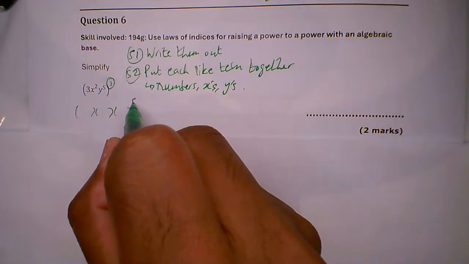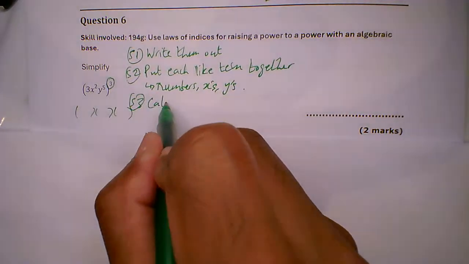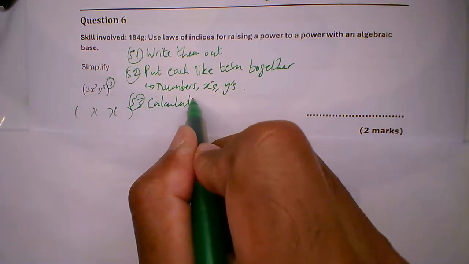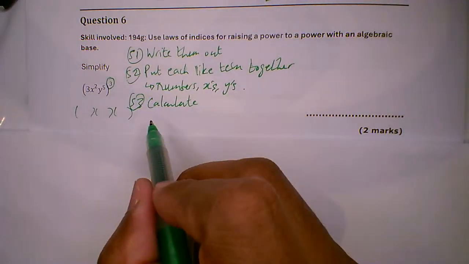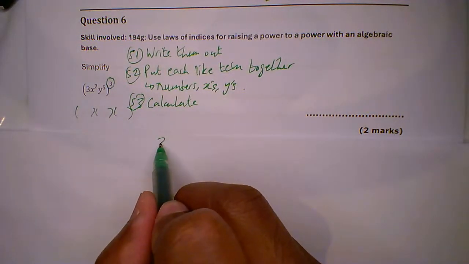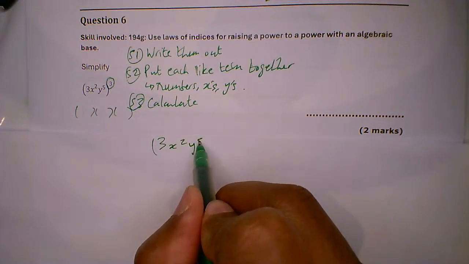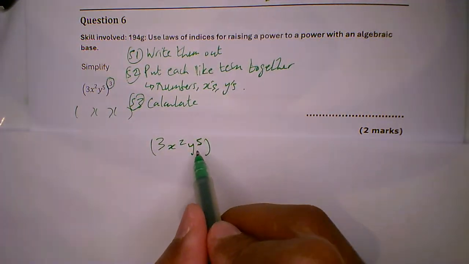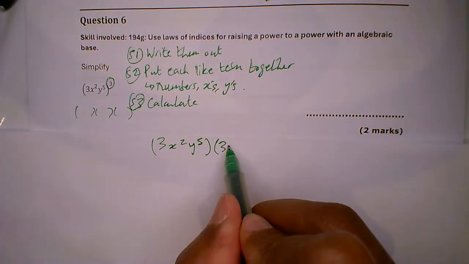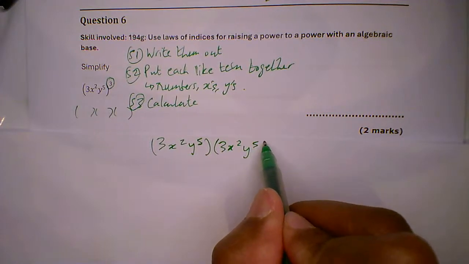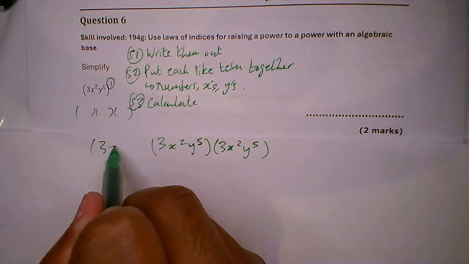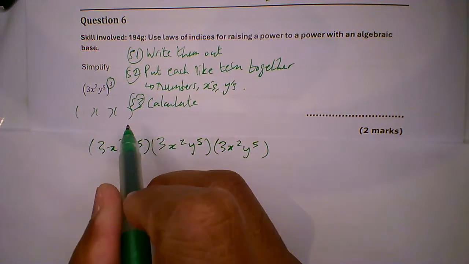And then step 3, I will calculate. So I've got here 3x squared y to the power 5. I need to have this 3 times. 3x squared y to the power 5, 3x squared y to the power 5, 3x squared y to the power 5.